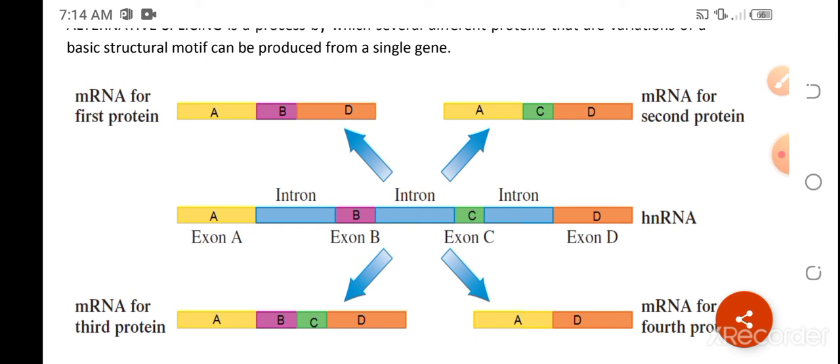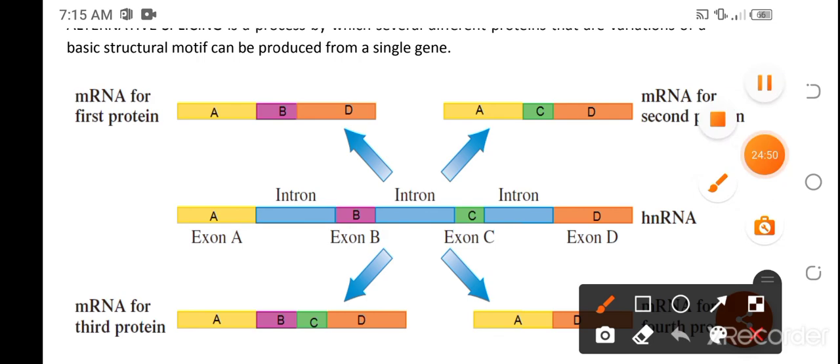However, this hnRNA has introns or segments that do not convey any message, so they would be removed through splicing, or that is the post-transcription process, to produce the mRNA, which serves as a blueprint for protein synthesis. Okay?